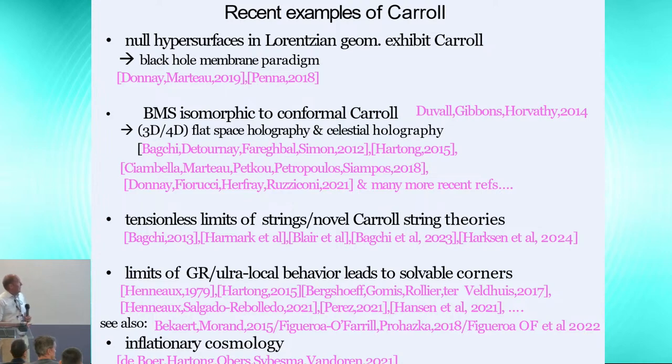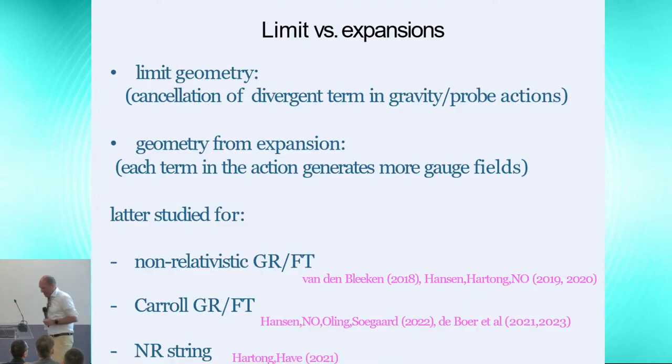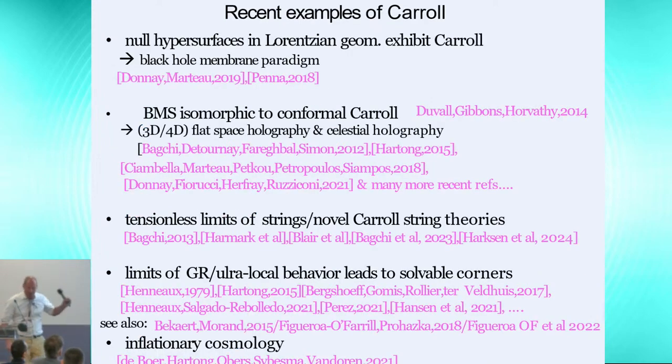In view of the time, I'll just say that Carroll symmetry has appeared in many modern contexts, in terms of gravity, flat space holography, cosmology, and black hole physics. So it's a very nice universal limit, even though it looks a little weird to send the speed of light to 0.